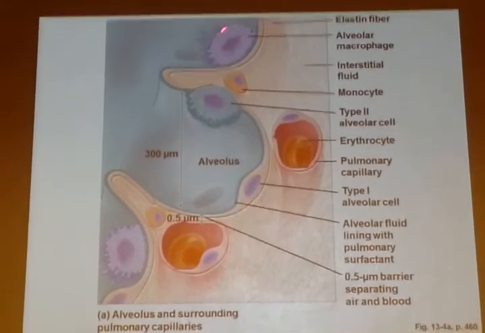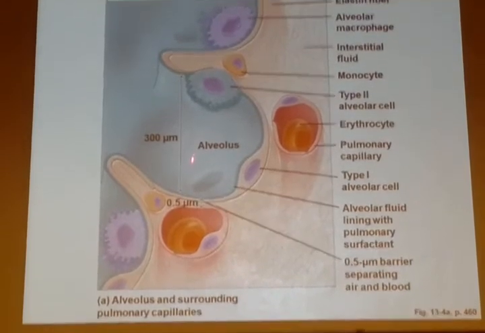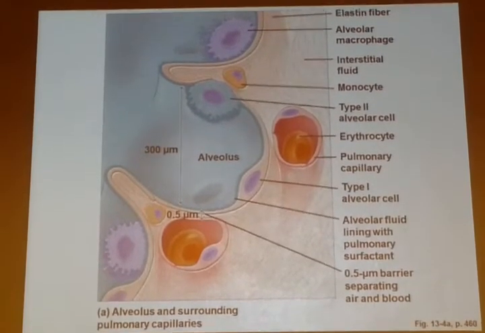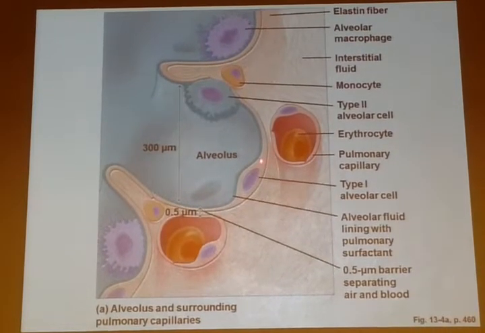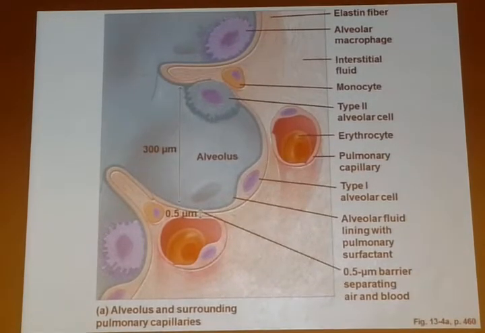So these would close down, and this one would be the only one with gas in it. So that would mean that the only place for gas exchange now is this surface area and that surface area. If you can keep all the alveoli open, although you can't see the other capillaries, there are other capillaries here and here, and so you have more surface area for gas exchange if you can keep more alveoli open.